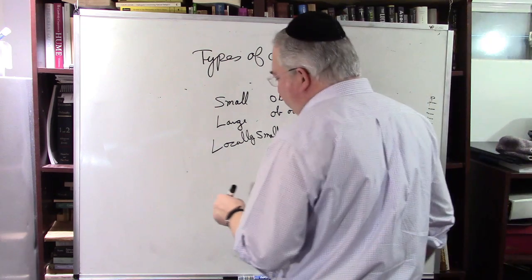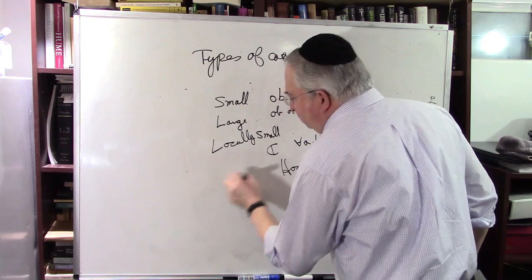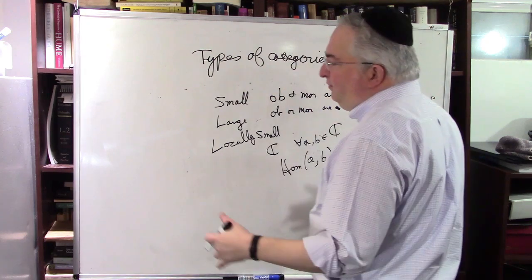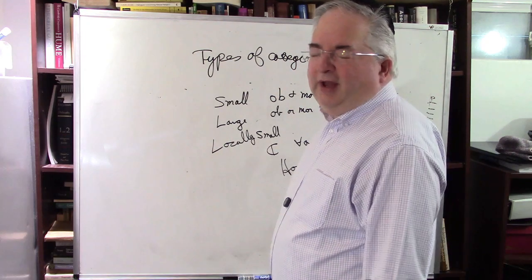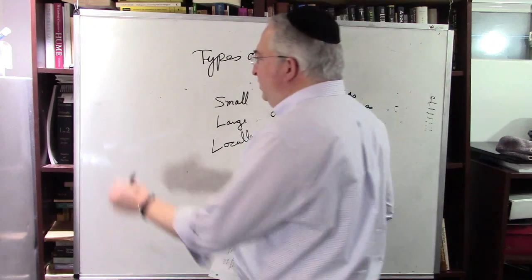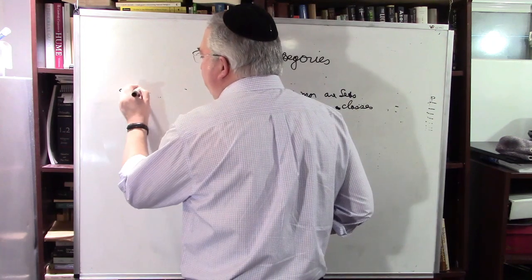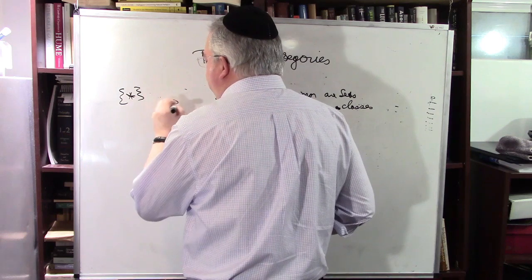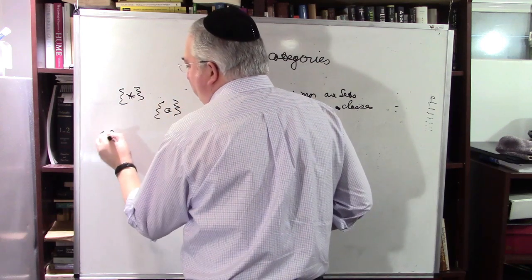Just want to talk about something interesting. Let's look at the collection of all one-object sets. So here's our favorite one-object set. Here's another one-object set. Here's another one-object set.